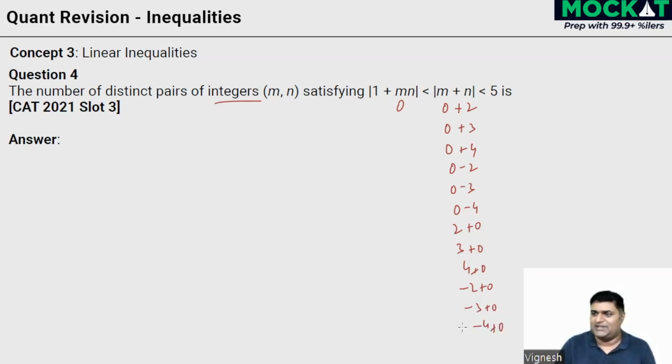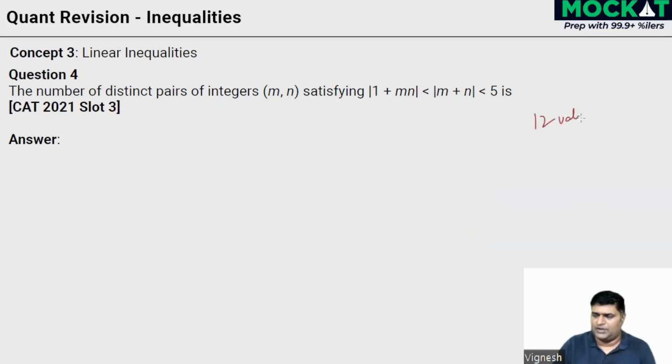I don't need to list these out, but the moment you observe 2, 3, 4 over here into 2, because they can also be negative, and then the entire thing into 2, because the same could be for m and n could be 0, right? So a total of 12 over here, right? Let's write it as 12 values where one of them is 0, m or n equals 0, right?